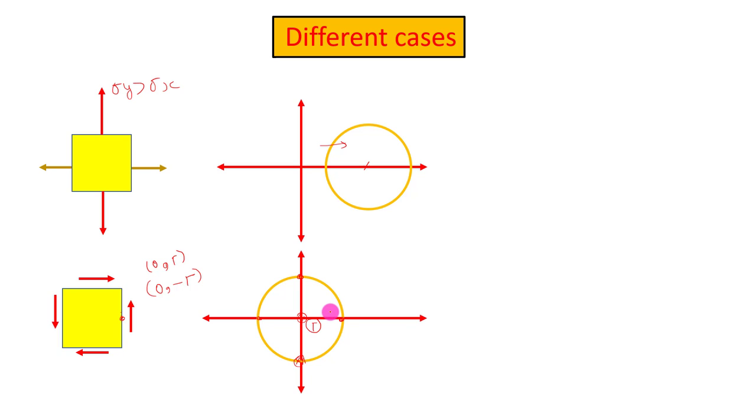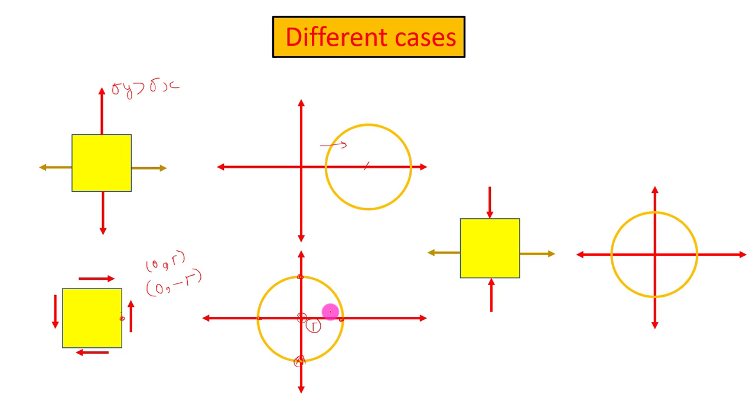Now let's take another special case. Here only the magnitudes are equal, but the directions can be reversed. On this face the tensile forces are acting, and on this face compressive forces are acting. For this case, it again represents the same Mohr circle.